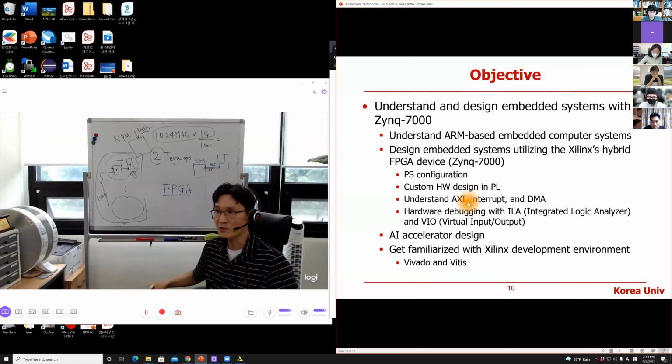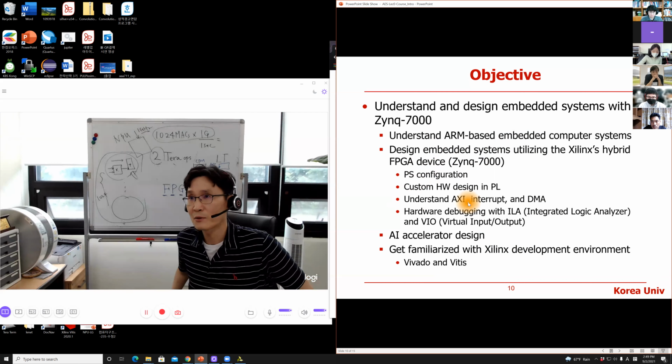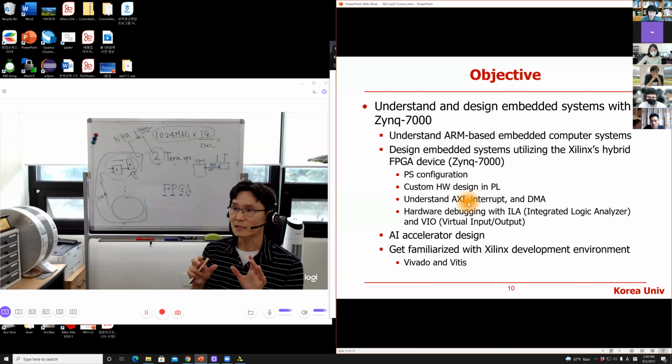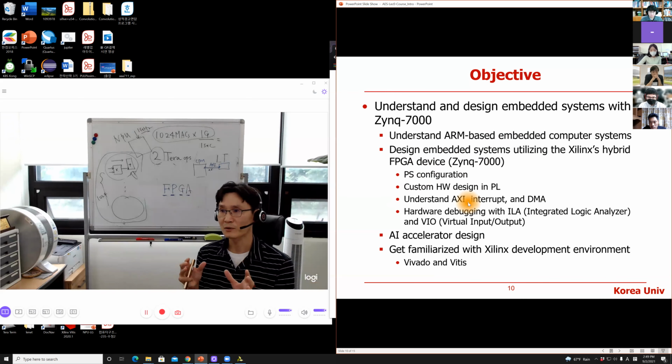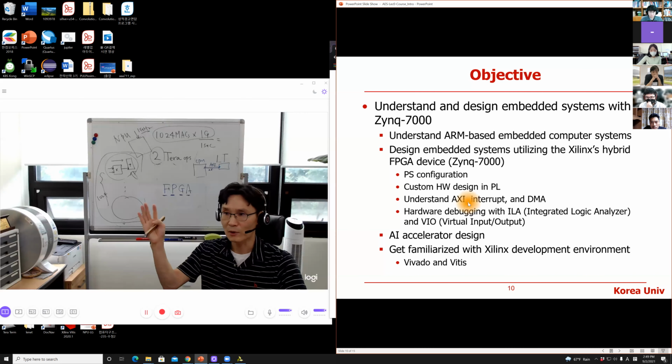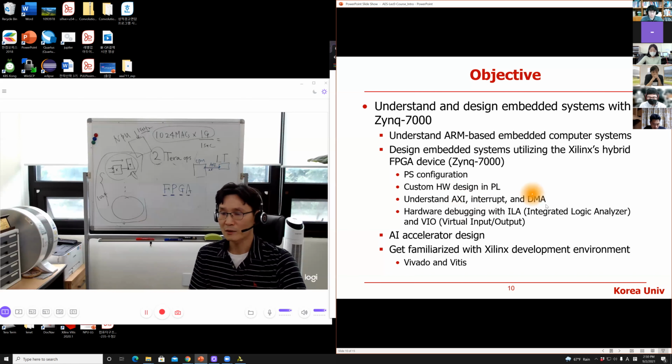If you go to industry, like Samsung or Hynix, they are designing ARM-based embedded systems and use AXI interconnect to connect the CPU to all I/O devices. So you should be familiar with AXI. At least you need to know the terminology; AXI is very famous. And the interrupt mechanism and DMA mechanism.